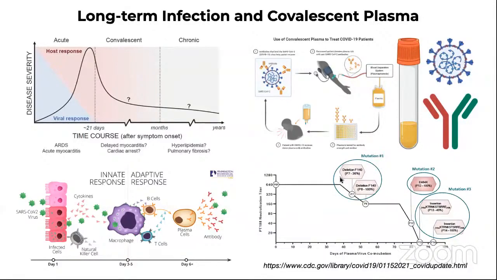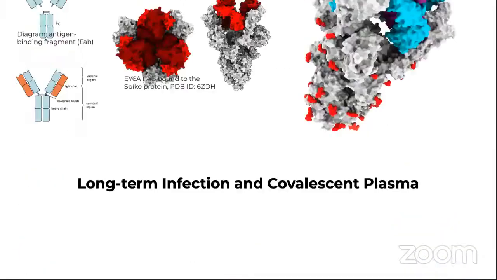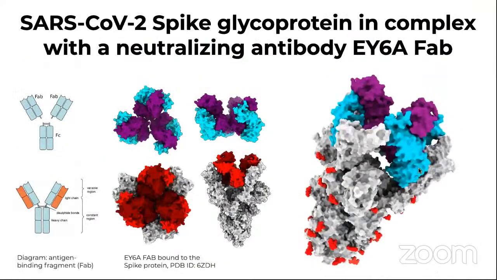These appear seemingly as a response to administration of this plasma. Now, one of the things that I think is very nice to understand as you're thinking about these mutations is the actual structural interaction between these antibodies and the spike protein. There's a PDB structure that was published that shows us exactly how that works.